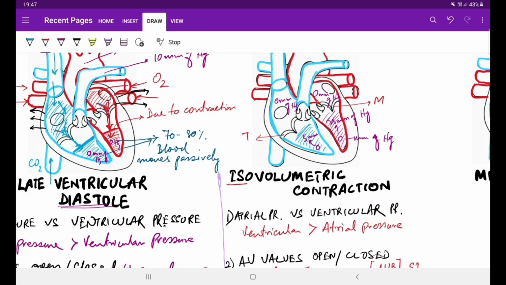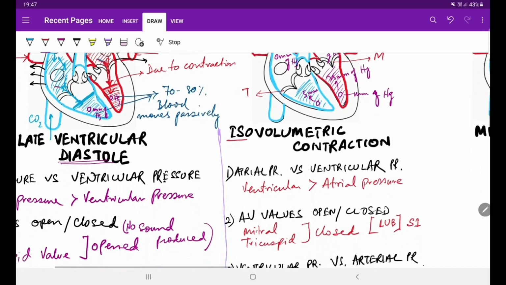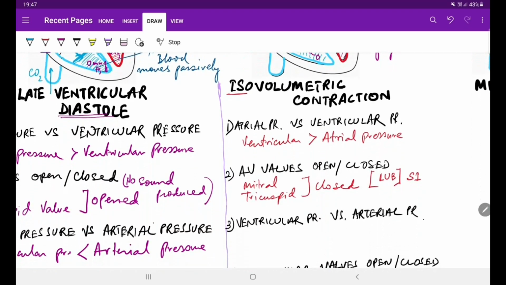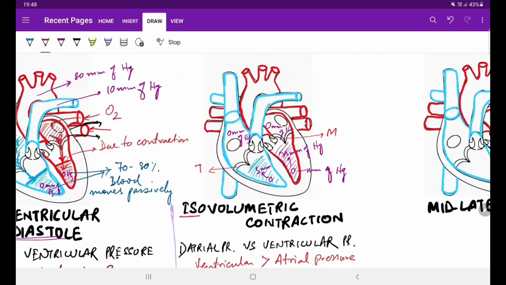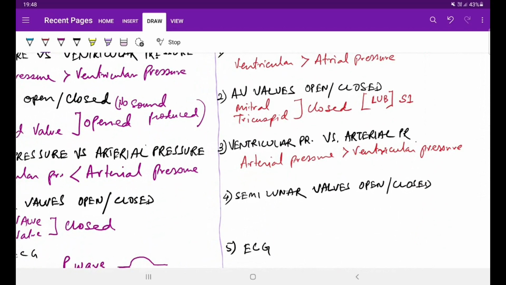Next, what happens with the pressures inside the pulmonary artery, aorta and the ventricles? The ventricular pressure has increased a bit, but it is still very low as compared to the arterial pressure. As there is a large difference in pressure between the arteries and the ventricles, the semilunar valves cannot open.